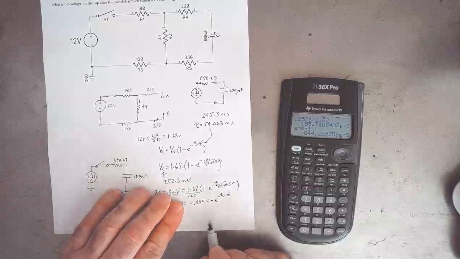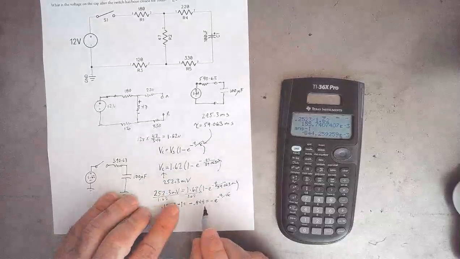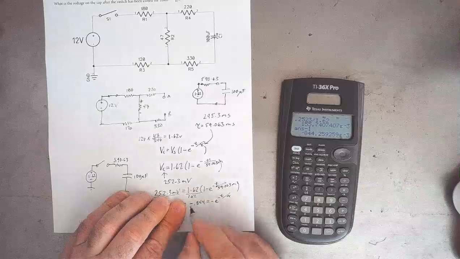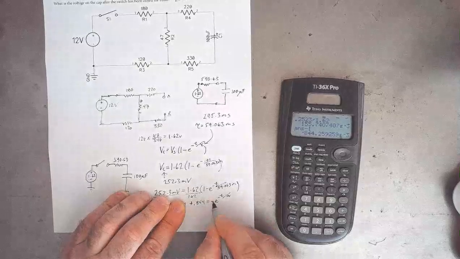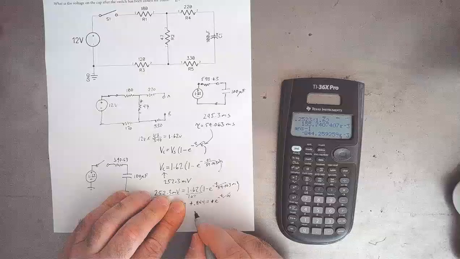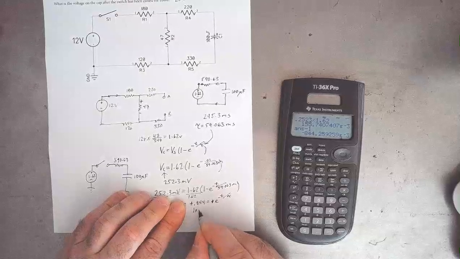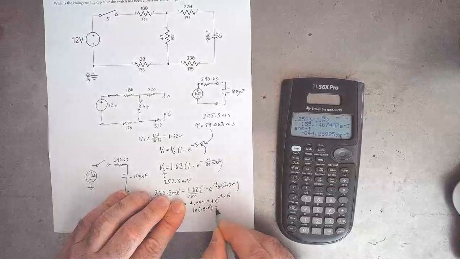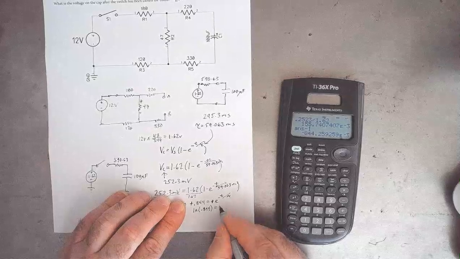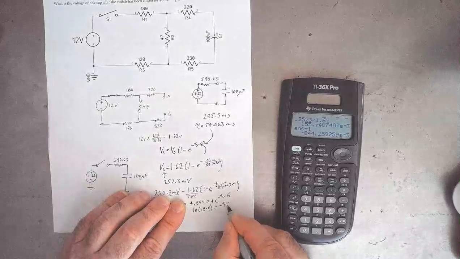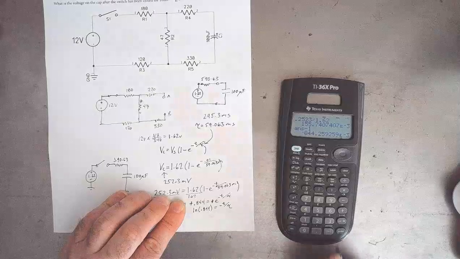Okay, so now we've got this. So we get a negative on both sides. I'm going to make that positive. There we go. And then I'm going to take the natural log of both sides. So ln of 0.844 equals, and that's going to make the e go away, and we're going to say minus t over tau right here.